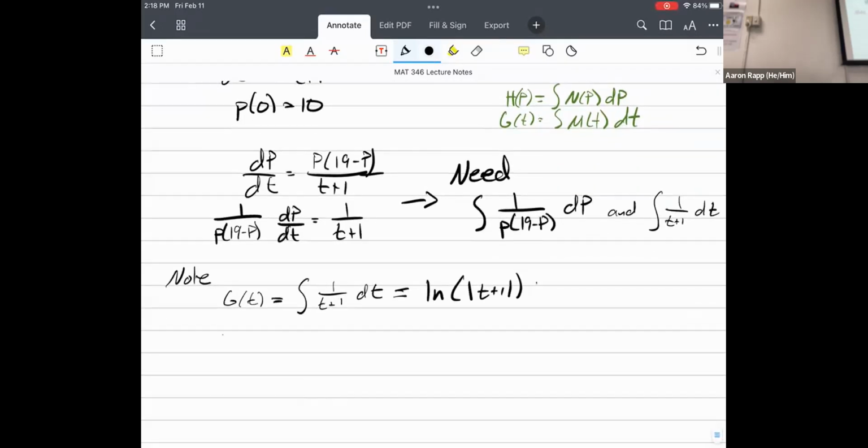What about the harder one? The antiderivative of 1 over P times 19 minus P with respect to P. What can I do here?